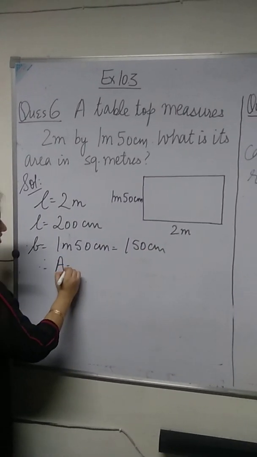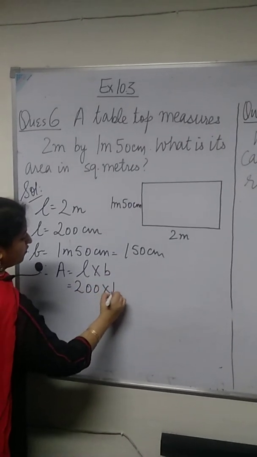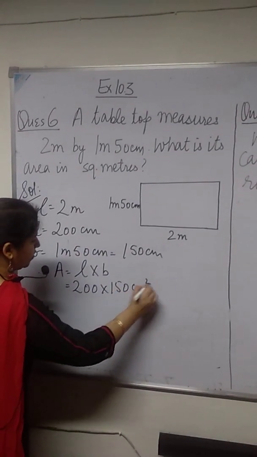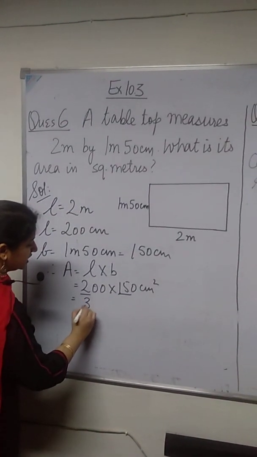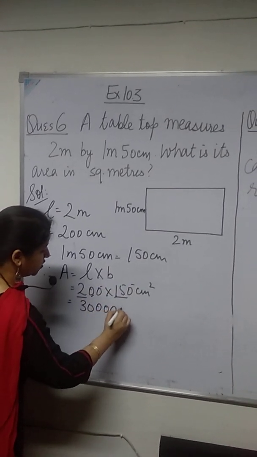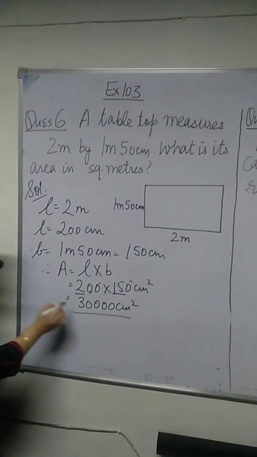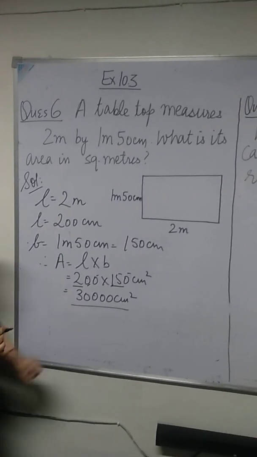Therefore, area is equal to length into breadth, 200 into 150 centimeters square. For easy calculation, first of all multiply 2 into 15, 30, then put these 3 zeros with it. So it will become 30,000 centimeters square.